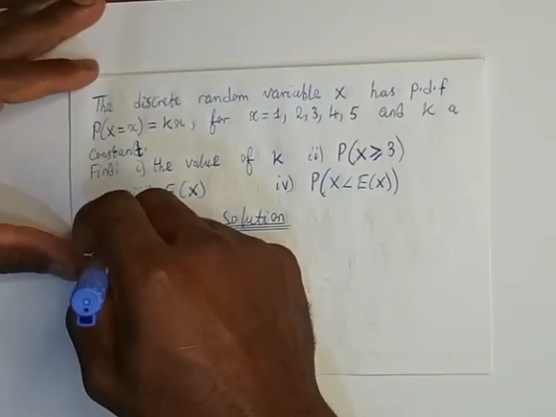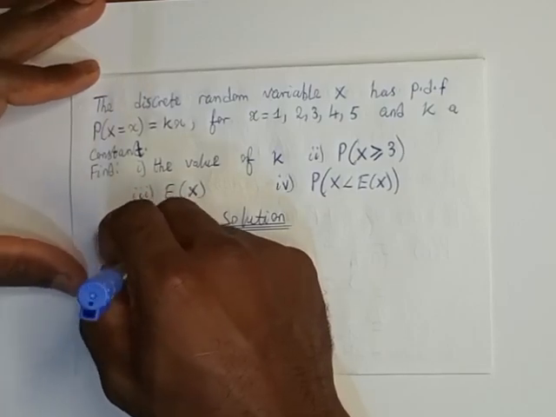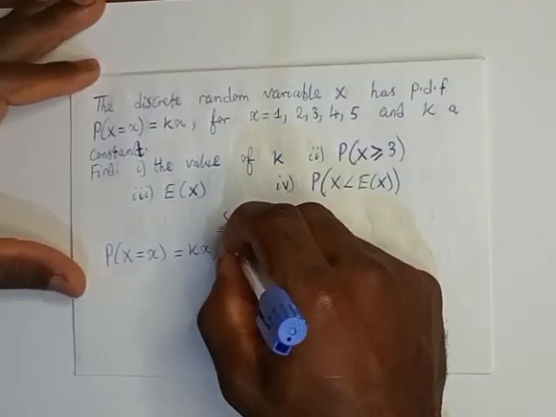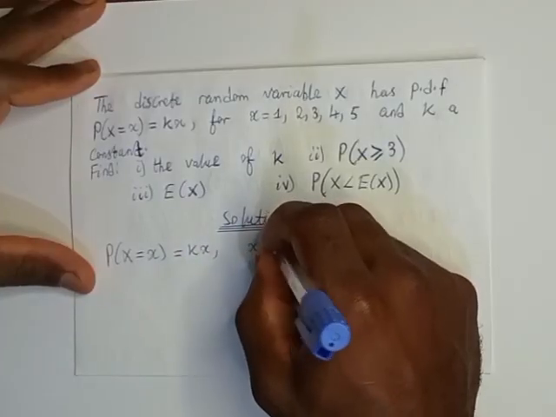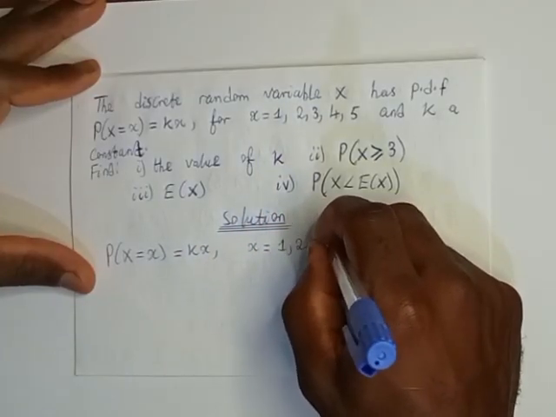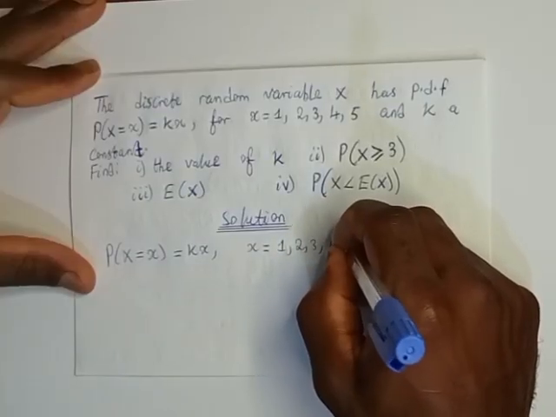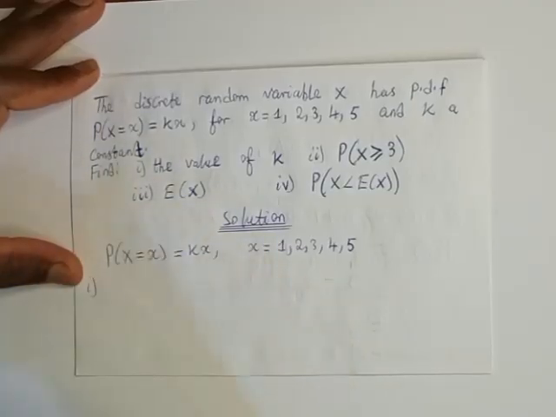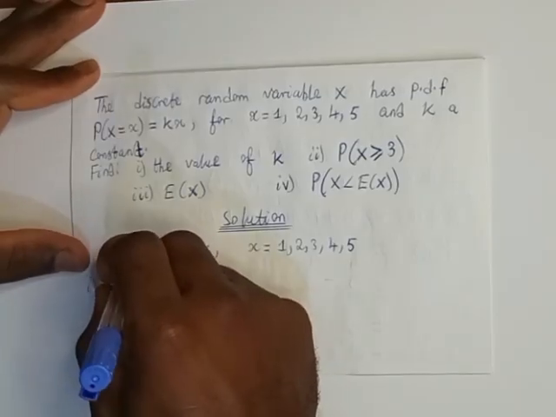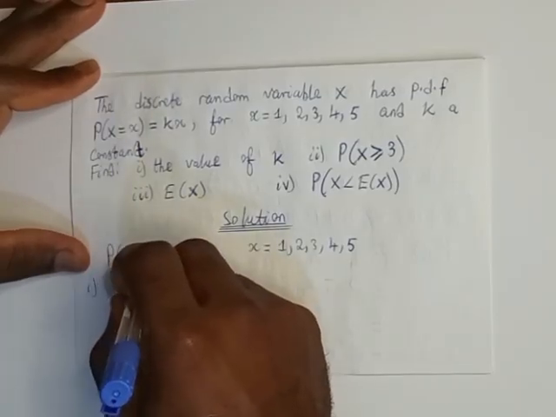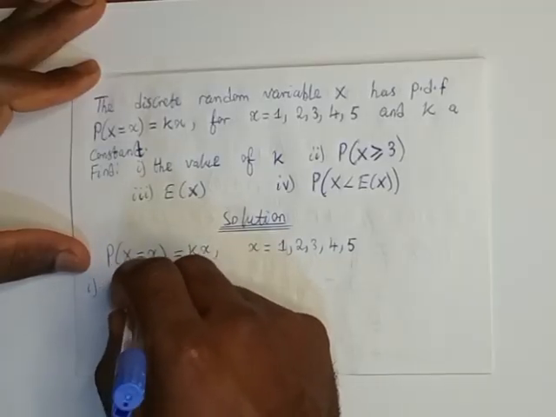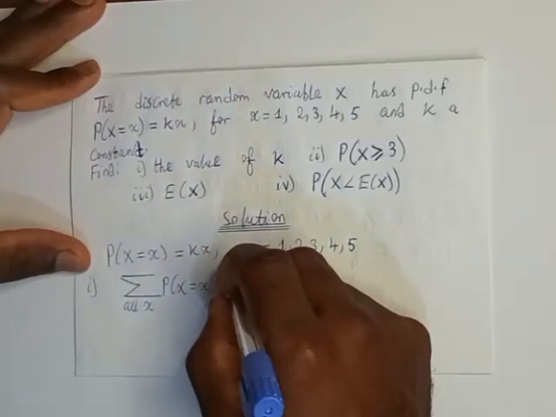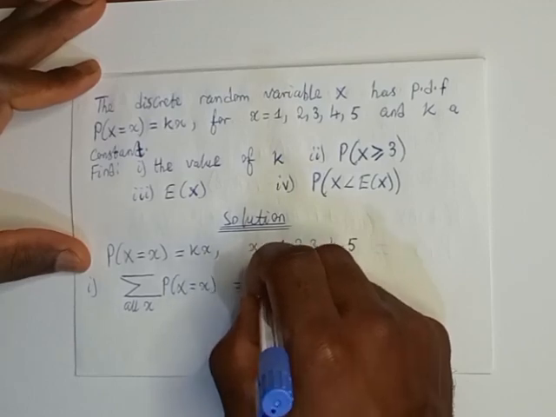We have the PDF P(X = x) = Kx for x = 1, 2, 3, 4, and 5. We have to find the value of K. We are going to make use of the fact that the summation over all x of P(X = x) is equal to 1.